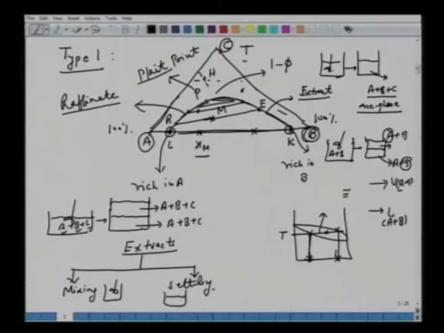Every time below this point P, you will see that the extract phase has a larger weight fraction than the raffinate. Beyond this point P, the tie line slope changes, and the weight fraction in the raffinate is now larger than in the extract. We'll come back to this. But the idea here is about this two-phase, heterogeneous system.